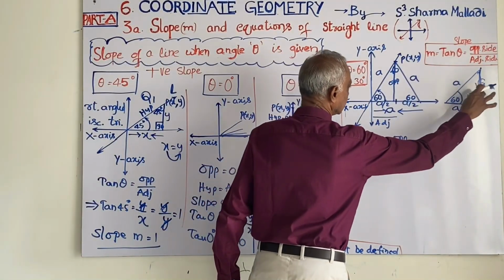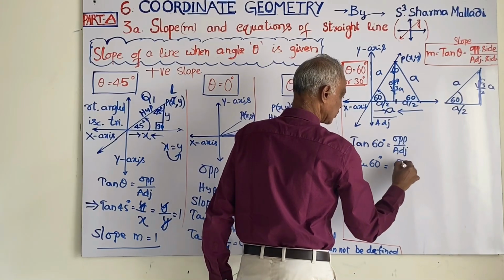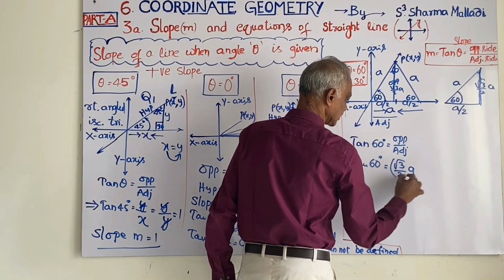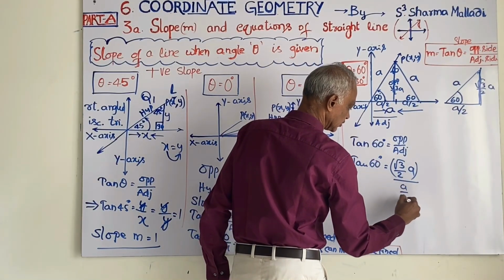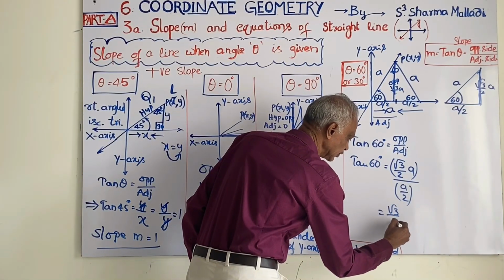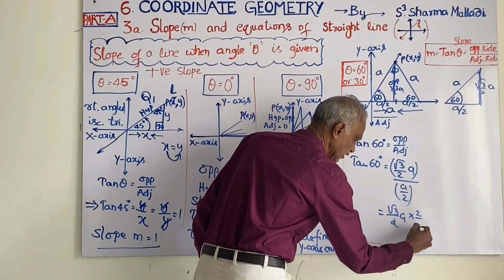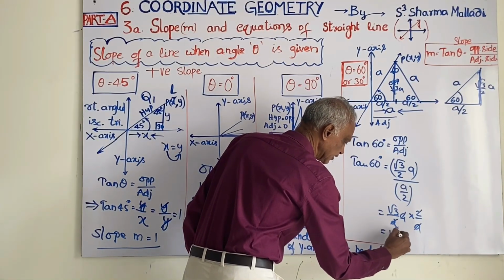It is root 3 by 2 a. And what is the adjacent side? The adjacent side is a by 2. You will get root 3 by 2 a into 2 by a. a cancels, 2 cancels. You will get root 3.